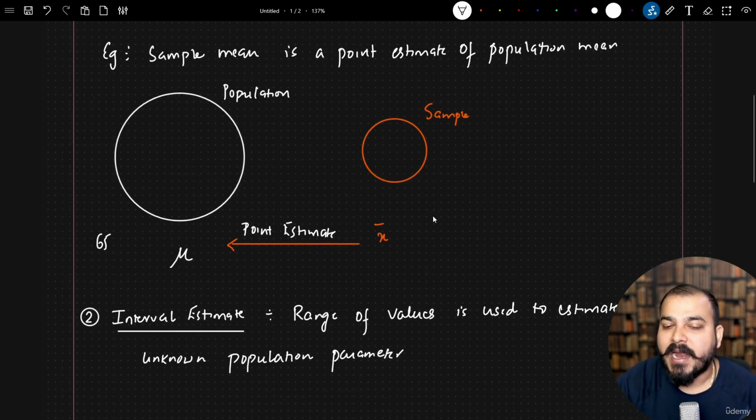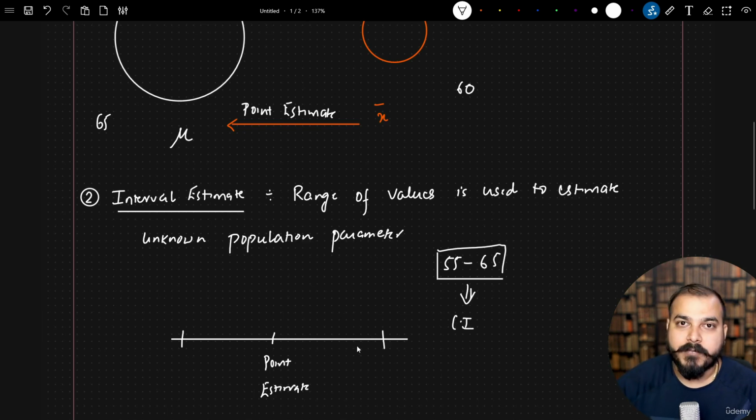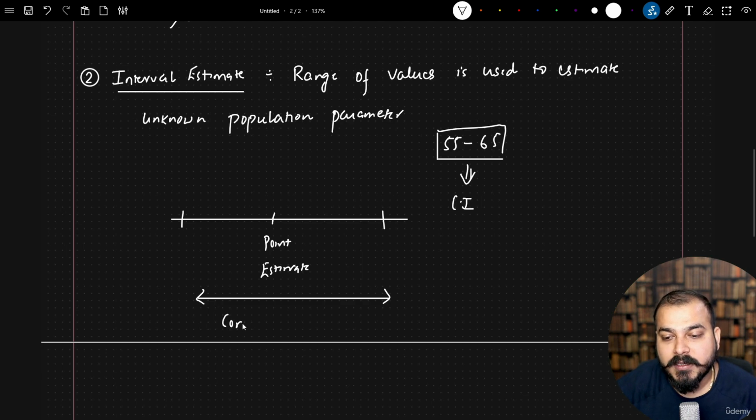Here my sample mean was 60, but the difference is 5. Now I can keep a range between 55 and 65. This range is specifically called the confidence interval.